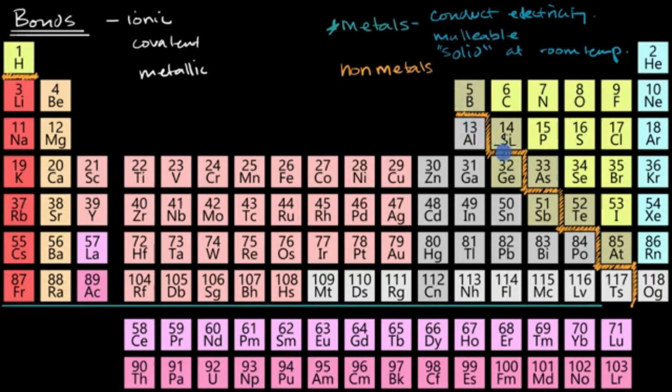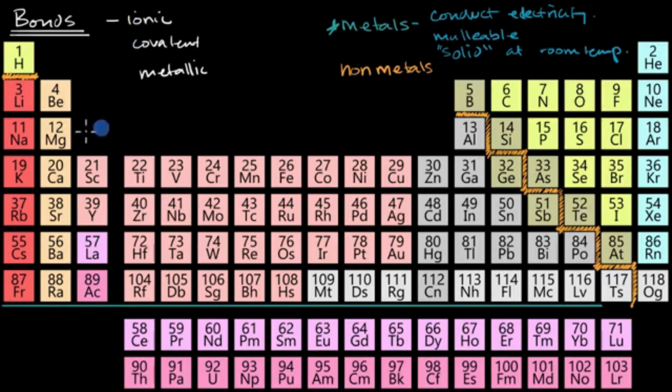And these things that straddle this yellow line, in this kind of bluish green color, are sometimes viewed as metalloids because they have some properties of metals and some properties of nonmetals. But generally speaking, if you know whether the things reacting are metals or nonmetals, you can oftentimes predict what type of bond is going to form.